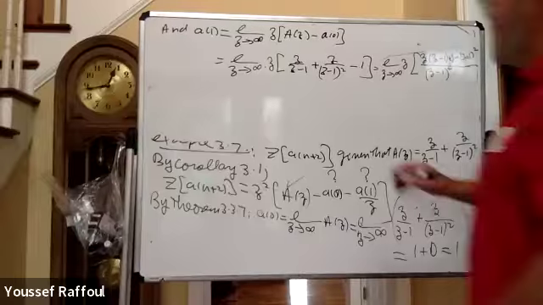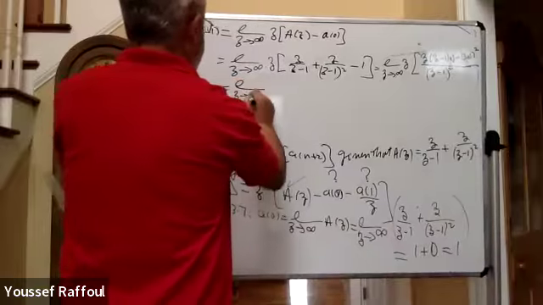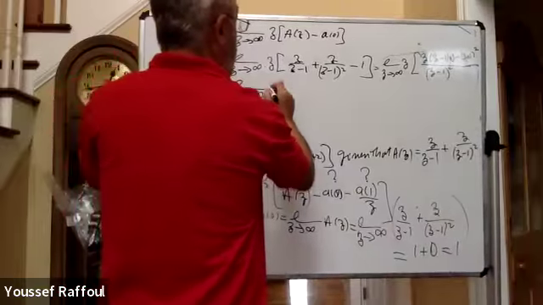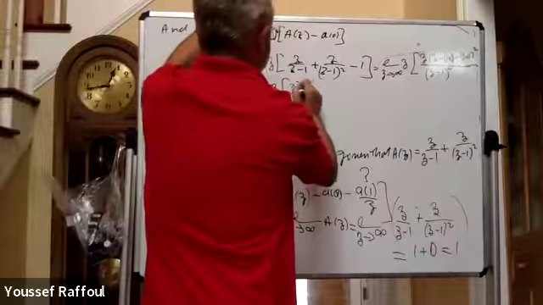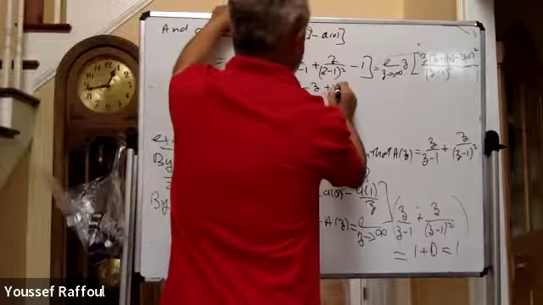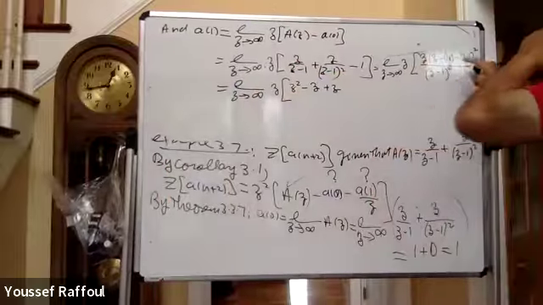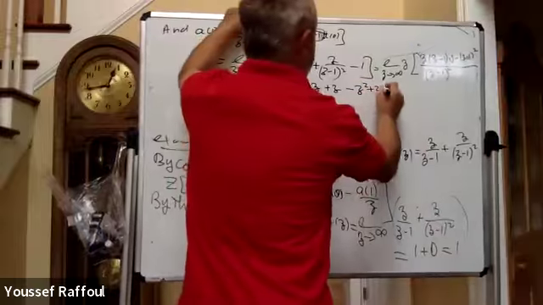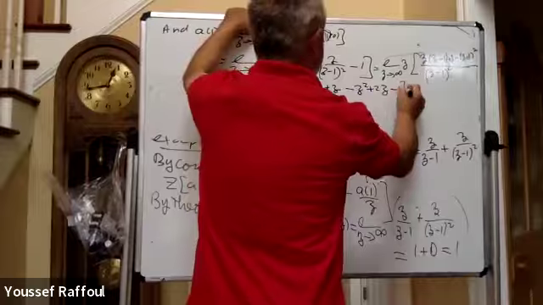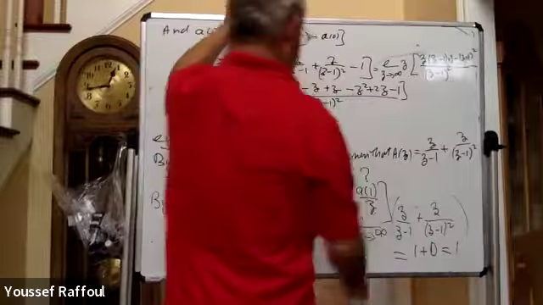Okay, so let us play it out. It's gonna be z of (z squared minus z plus z), minus (z squared plus... minus z squared plus 2z minus 1) over (z minus 1) squared.